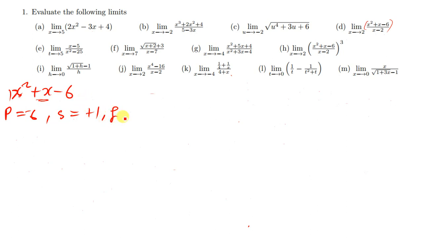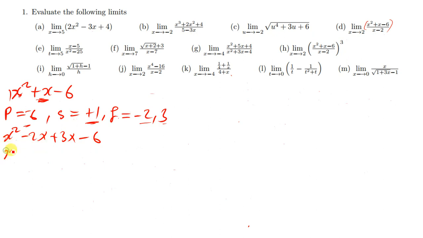The factors of this quadratic expression are simply negative 2 and 3. When you add these two numbers you get the sum, and when you multiply them you get the product. So we replace the middle term: x squared, negative 2x, positive 3x, then minus 6.